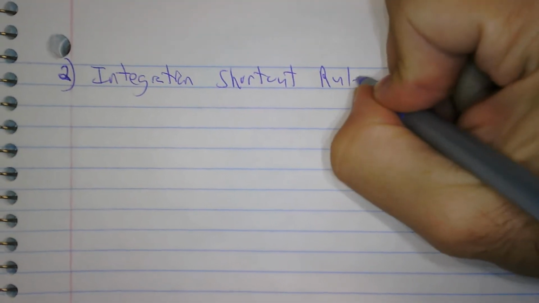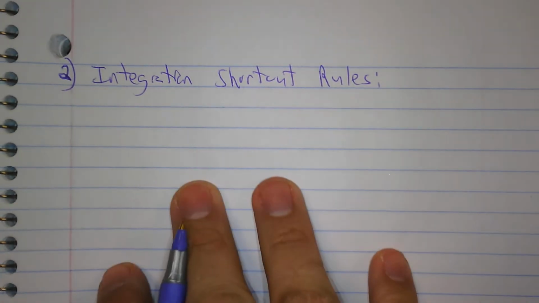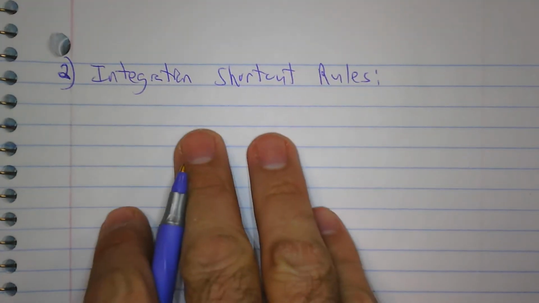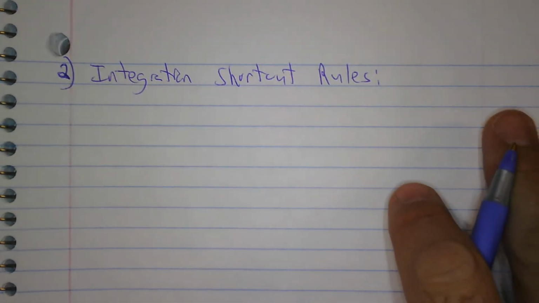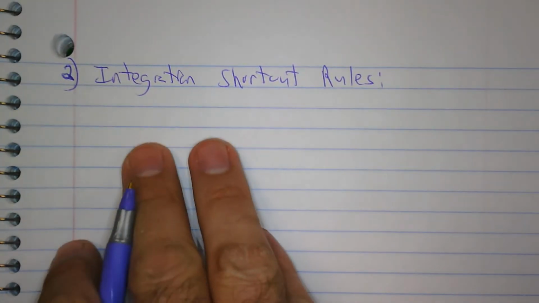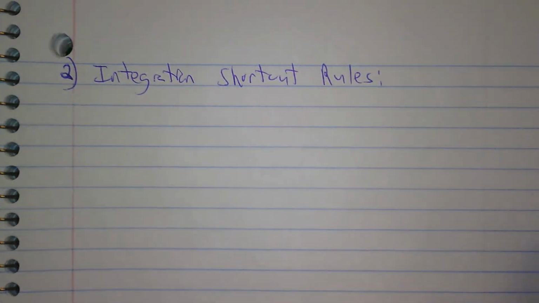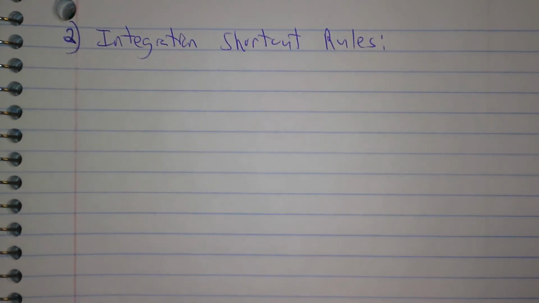Again, if you're asking, well, what was the long way for integration? You never learned it. For differentiation, the long way is the limit definition of the derivative, and then you had your differentiation shortcut rules. For integration, there's a long way to do it, which you don't know, not yet at least. And then there's these shortcut rules, which you're memorizing right up front, okay?